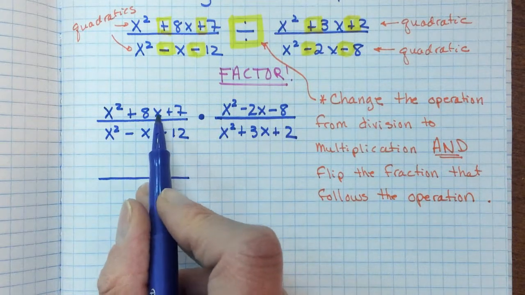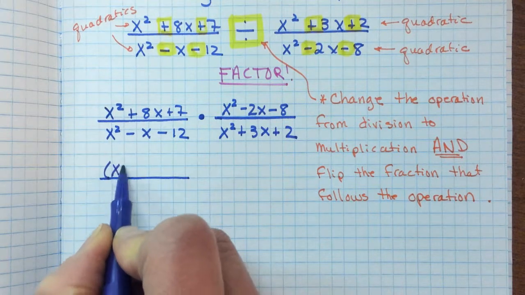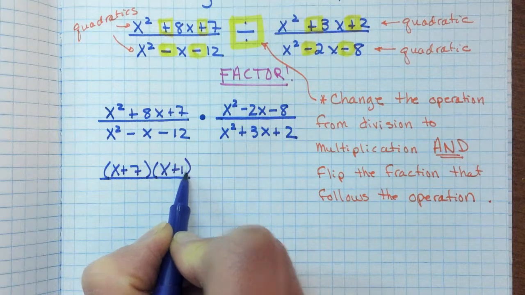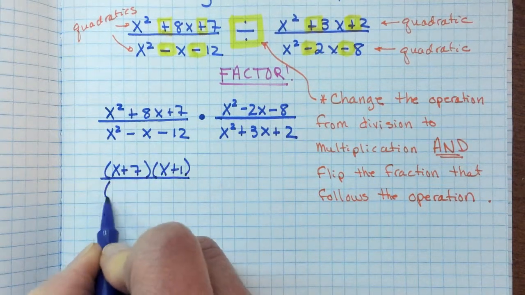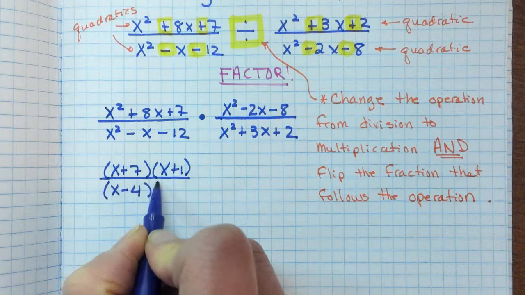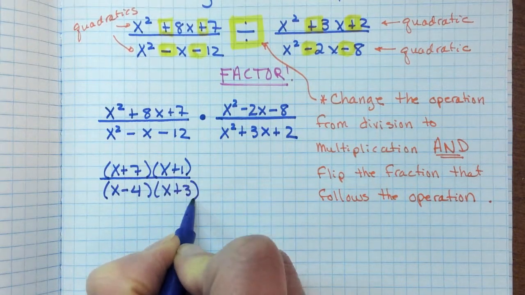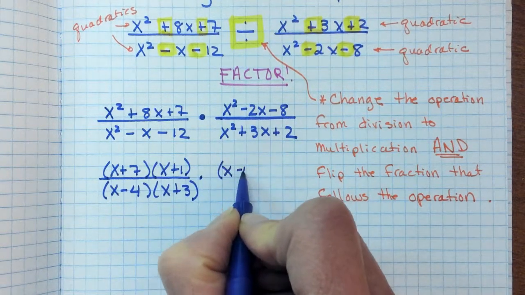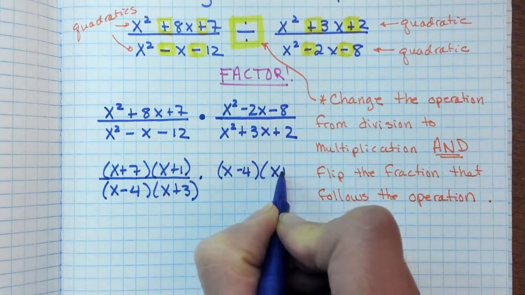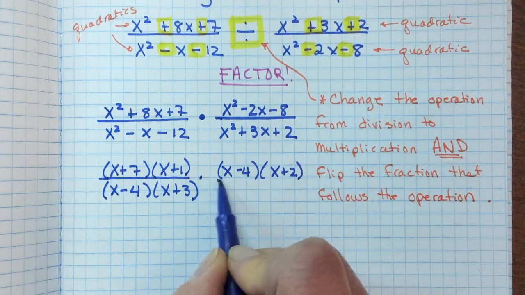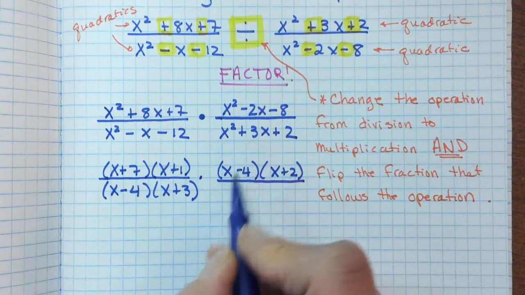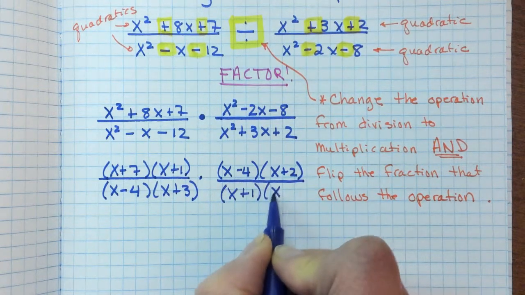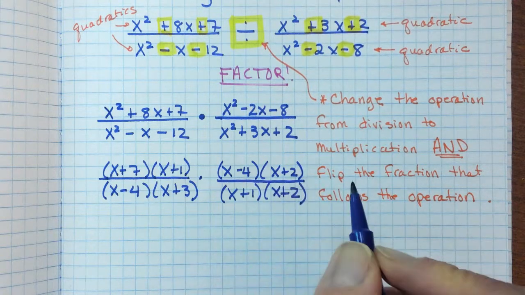When I factor this numerator, I get x plus 7 times x plus 1. When I factor this denominator, I get x minus 4, x plus 3. When I factor this numerator, I get x minus 4 times x plus 2. And when I factor this denominator, I get x plus 1 times x plus 2.